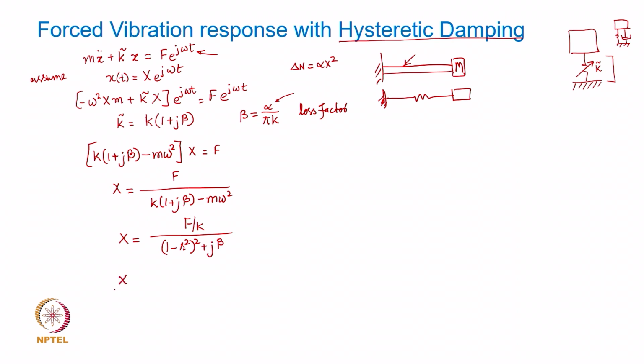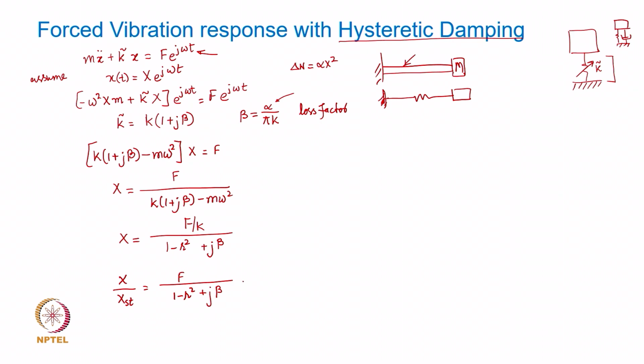And we know that this is what? Dynamic magnifier. 1 minus r square whole square. No, this is going to be only 1 minus r square, not whole square. I am sorry for this. It is going to be only 1 minus r square, and then plus j beta. Now, you can reorganize this again.